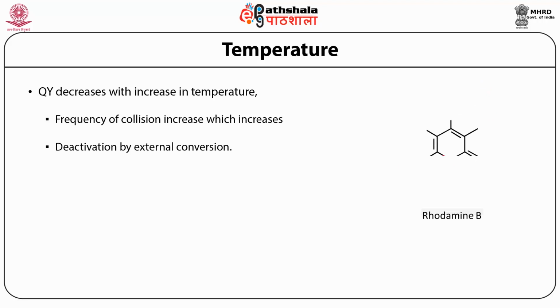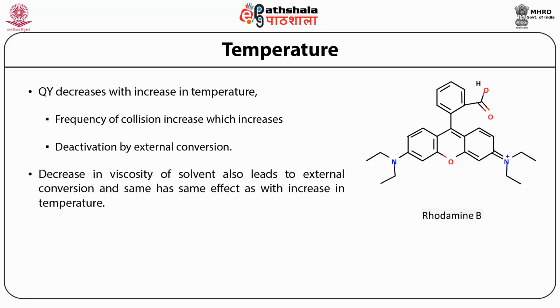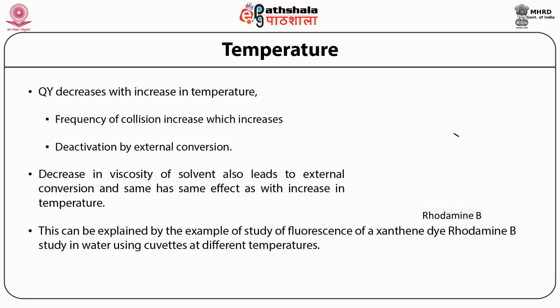This can also be seen when you change the viscosity of the solvent. Decreasing the viscosity of the solvent also leads to external conversion and has the same effect as increase in temperature. External conversion means loss of energy due to collision. This can be explained by the example of the study of fluorescence of the xanthene dye rhodamine B in water using cuvettes at different temperatures.